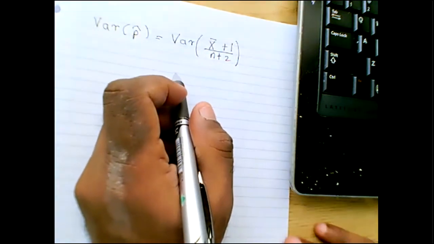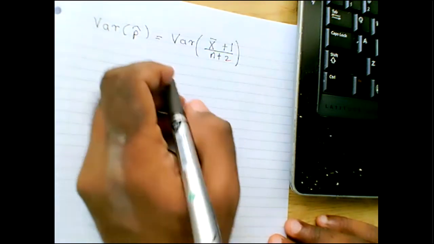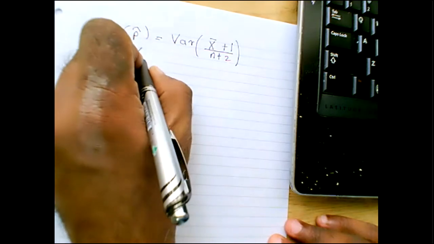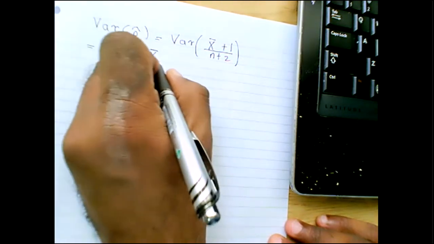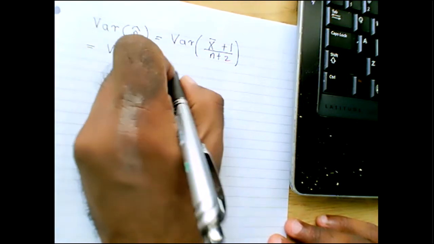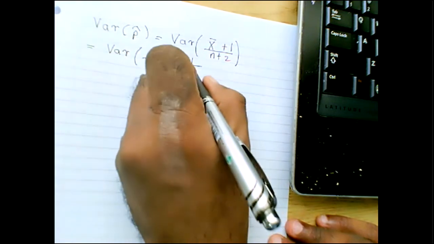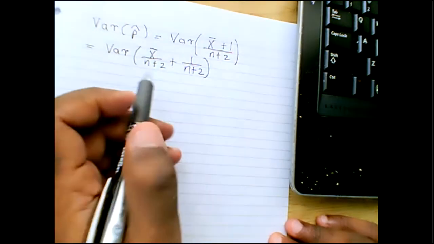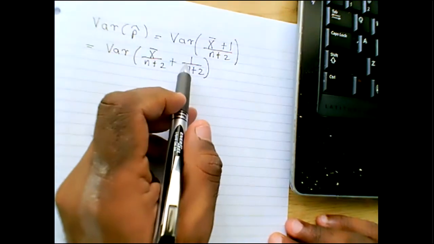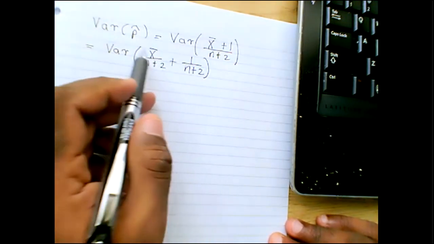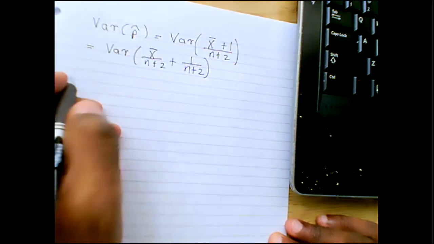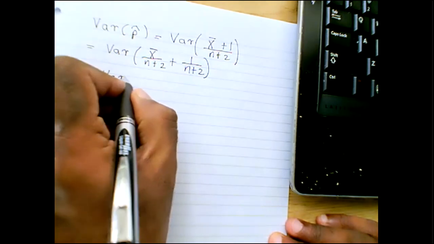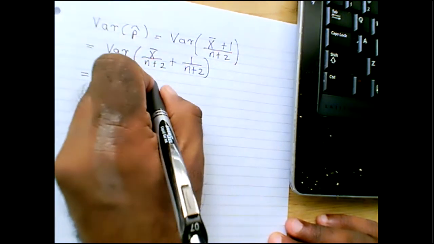Let me write it down in a few steps. You may recall that the variance of a random variable plus a constant is the same as the variance of the random variable. This is something you should have learned in your probability 1.